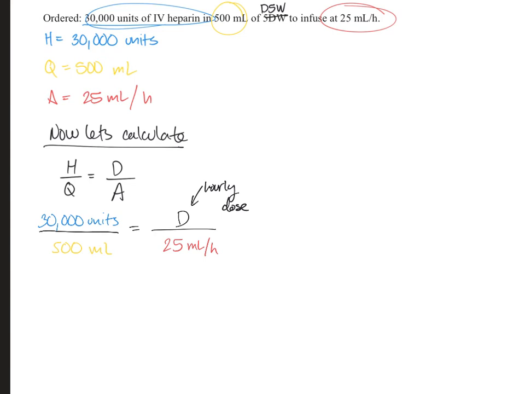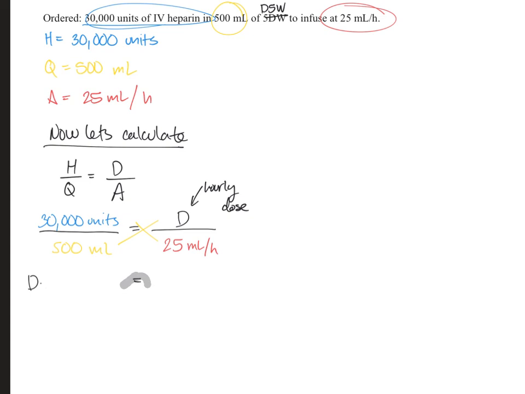Alright, so let's see which ones will cancel out. Let's go ahead and cross multiply first, actually. So cross multiplying, we get D times 30,000 units equals, oh, I did that wrong. That is D times 500 milliliters.